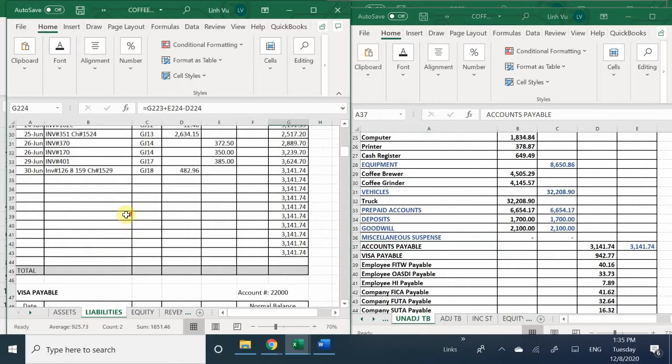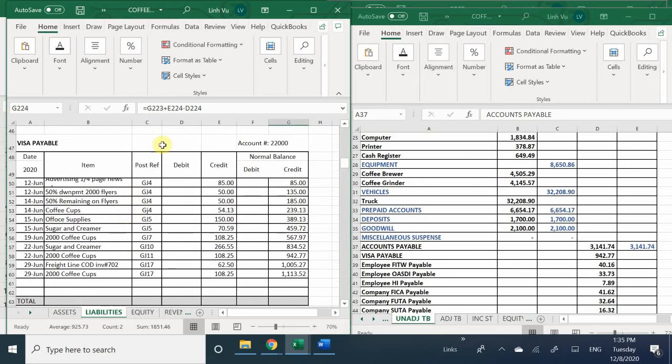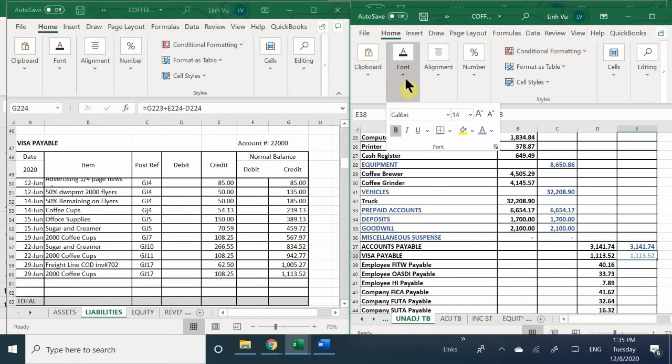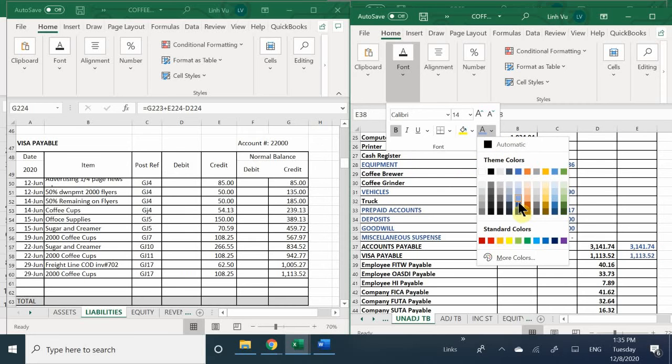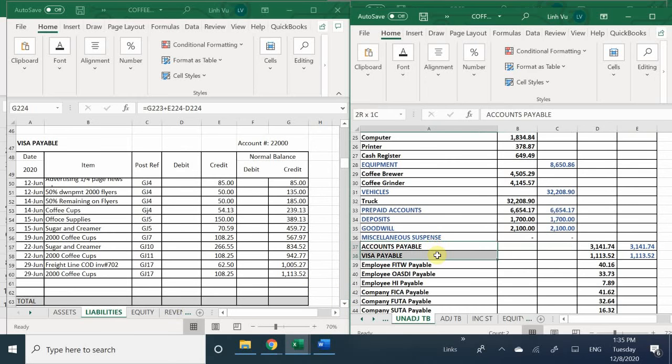So what's my amount going to be in my Visa payable? $1,113.52. Okay, which we know is the main account, so you can just copy that over. I want a little darker color for this one. There you go. Highlight my accounts.